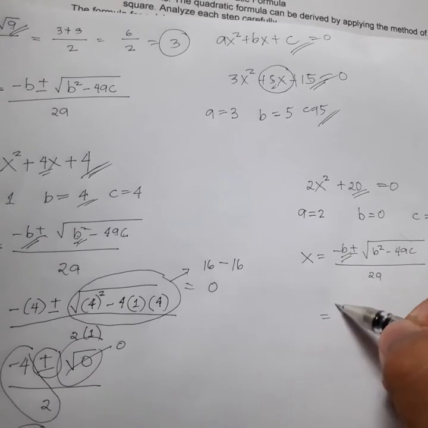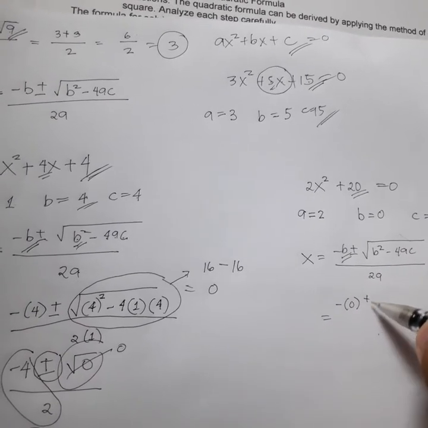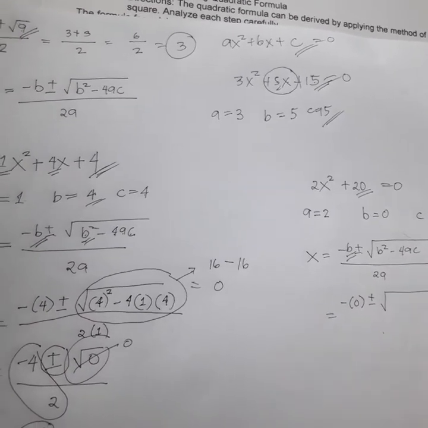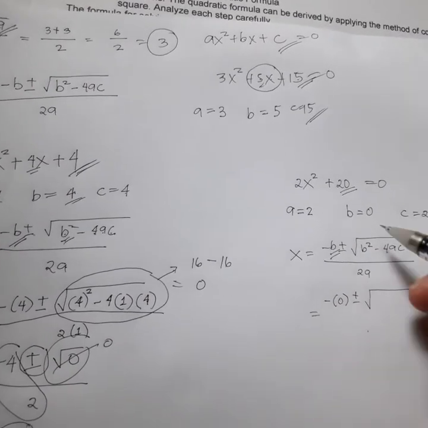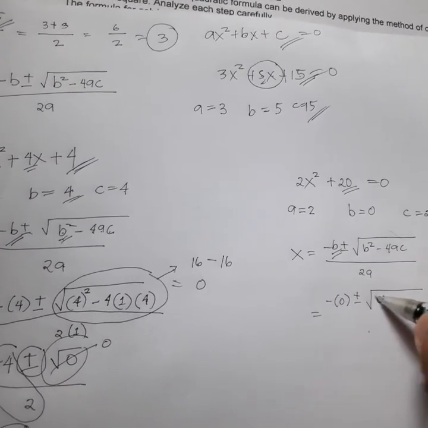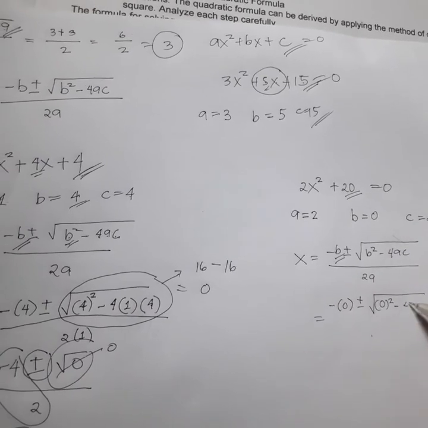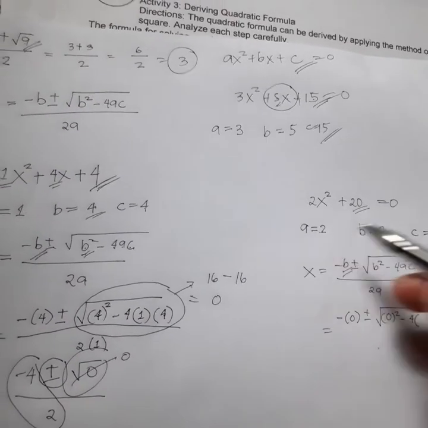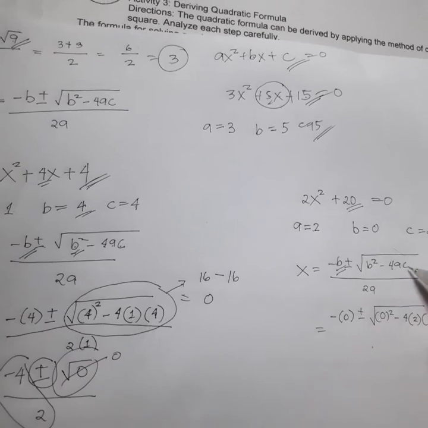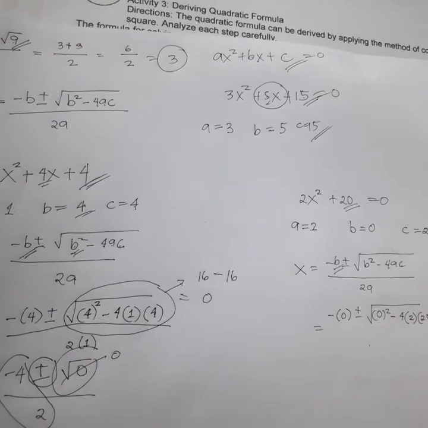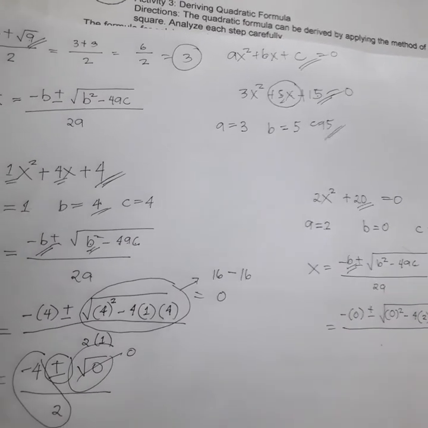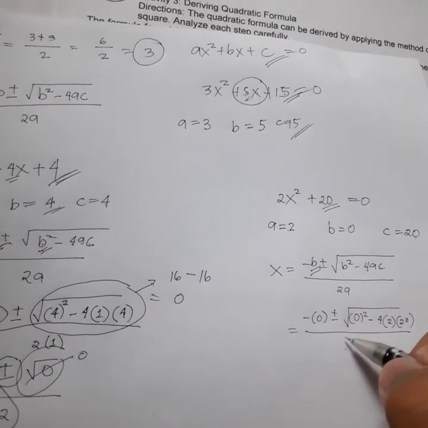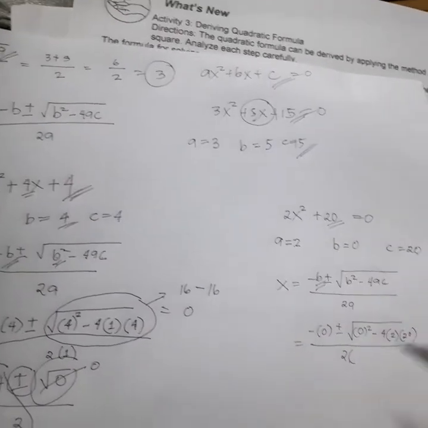So we have negative 0 plus or minus the square root of b, which is 0, squared, minus 4. How about our a? We have 2. How about our c? We have 20. All over 2, since a is 2.